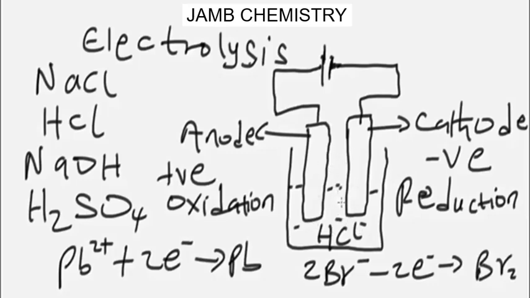The positive ions in the electrolyte will move towards the cathode, the negative electrode, just like here, and they get reduced by gaining electrons to form an atom of the element, whereas the negative ions in the electrolyte will move towards the anode, the positive electrode, and they get oxidized there by losing electrons to form an atom of the element.